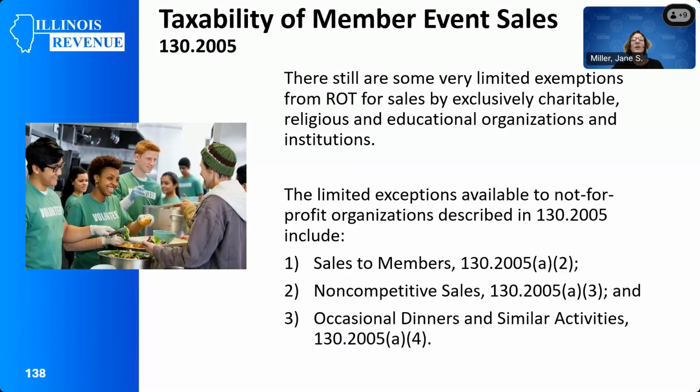There are still some very limited exemptions from retailers' occupation tax for sales by exclusively charitable, religious, and educational organizations and institutions. The limited exceptions available for not-for-profit organizations described in Administrative Code 130.2005 include sales to members, non-competitive sales, and occasional dinners and similar activities.